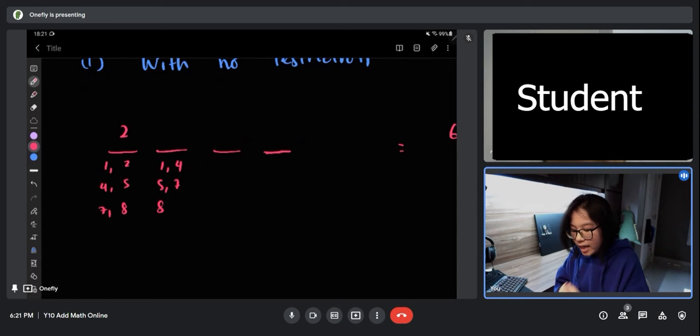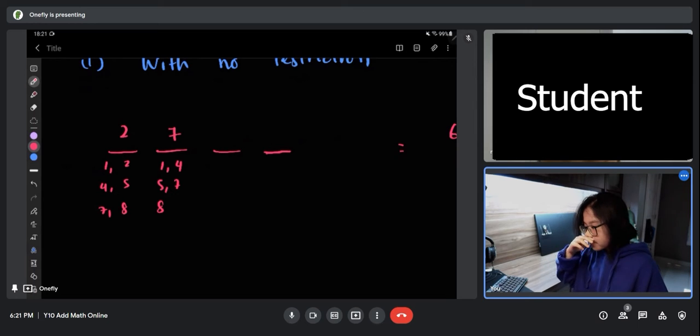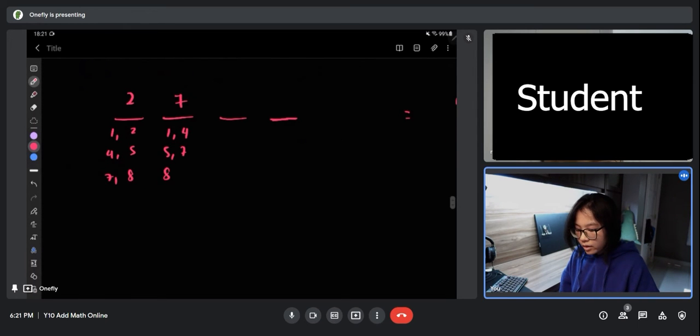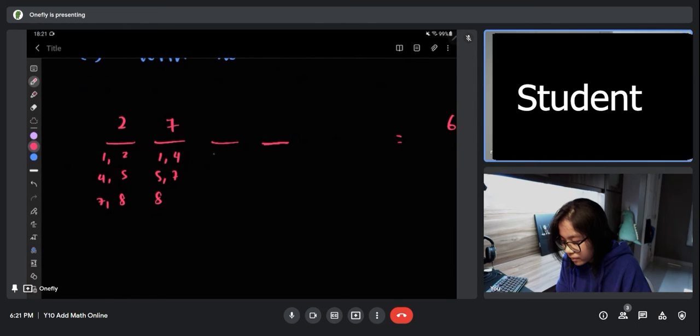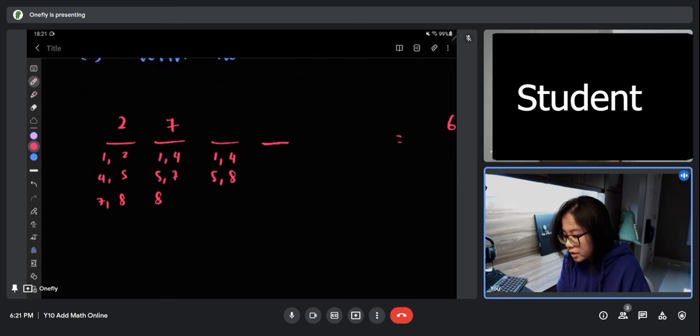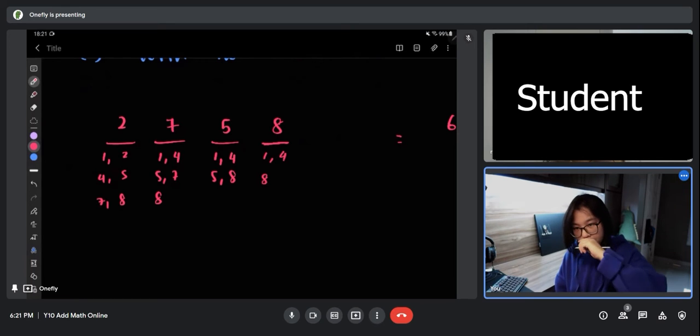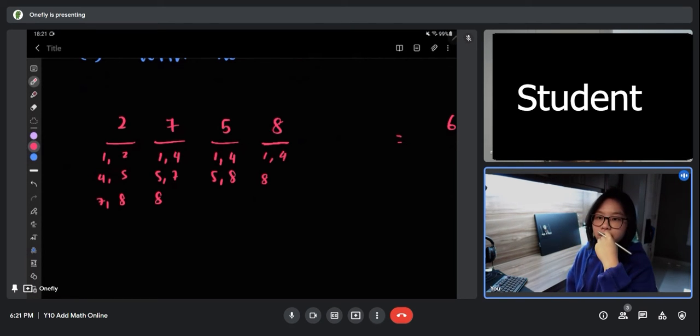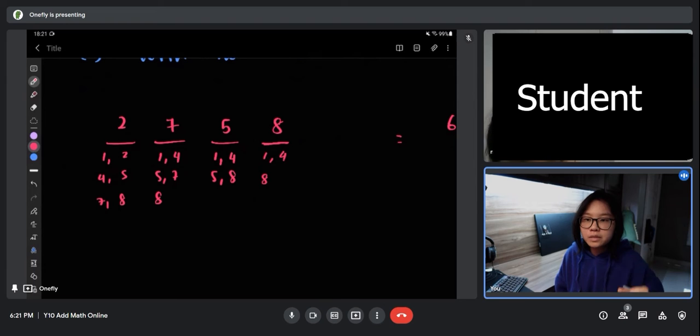Now let's say I take the number 7. Third slot, how many options do I have left? 4, which is 1, 4, 5, and 8. Let's say I take the number 5. For the last one, we are left with 3 options: 1, 4, and 8. Let's say I take 8. Can you see that the number of options per slot is reducing by 1?